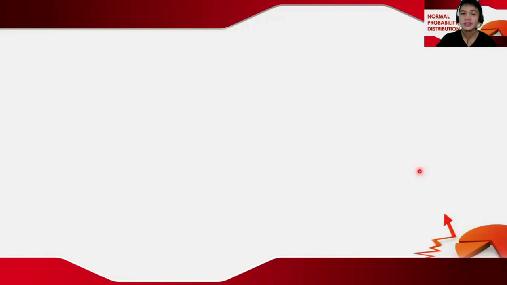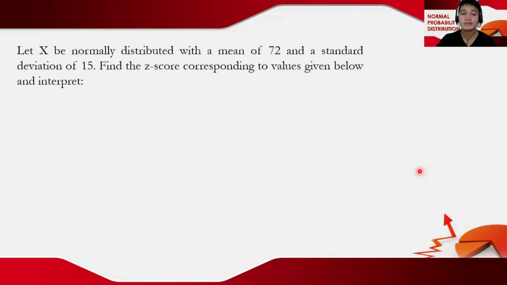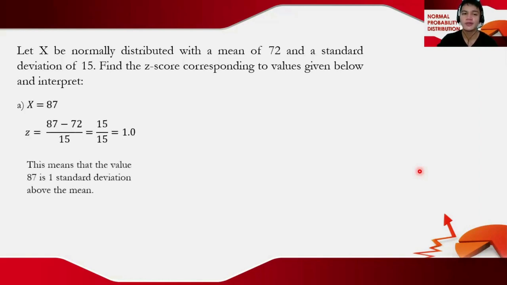To give you an example, let x be normally distributed with mean 72 and a standard deviation of 15. Now, we find the z-scores corresponding to the values given below, and we should interpret them. So using the formula, if x or the value of interest is 87, what is our z-score? It's 1, right?